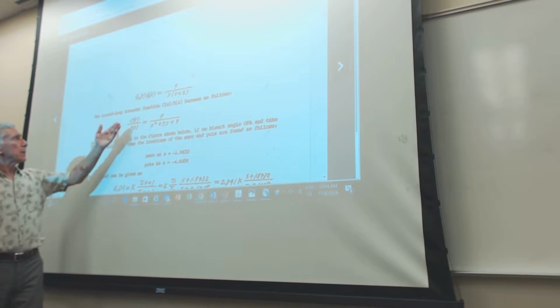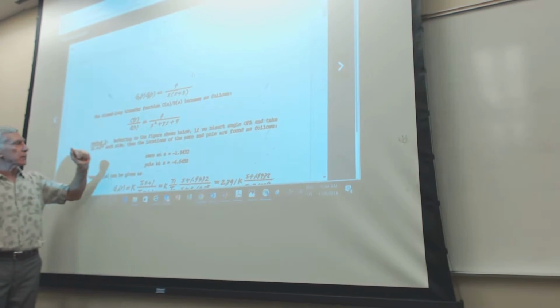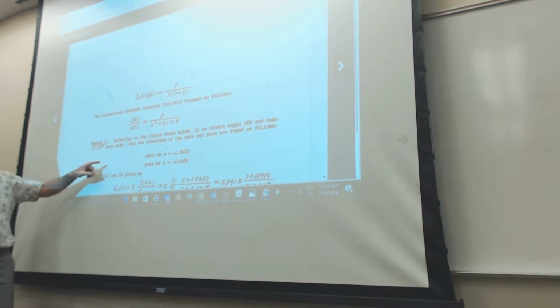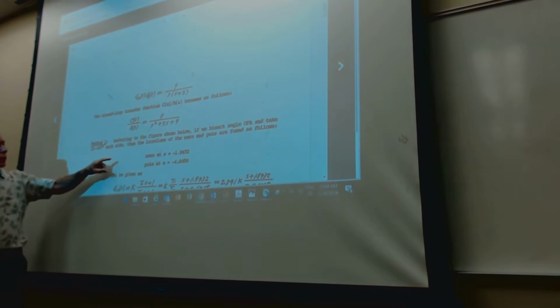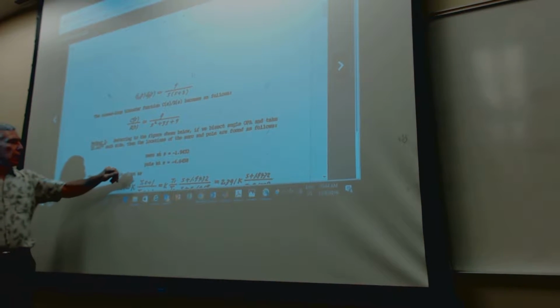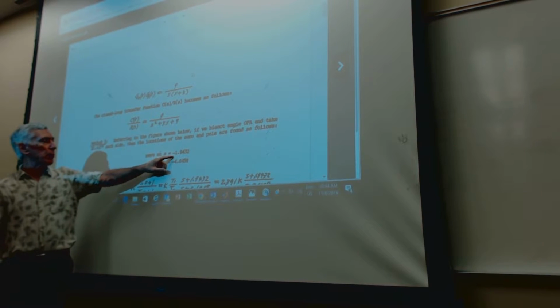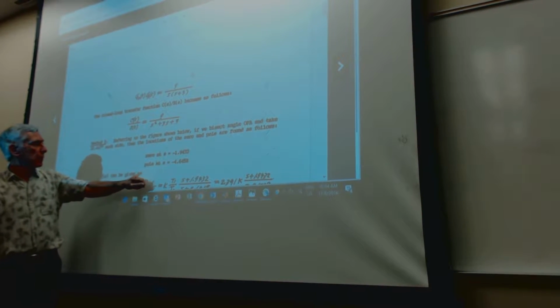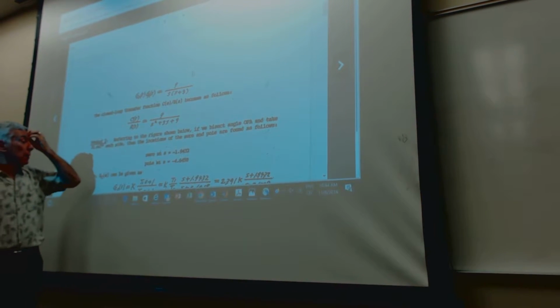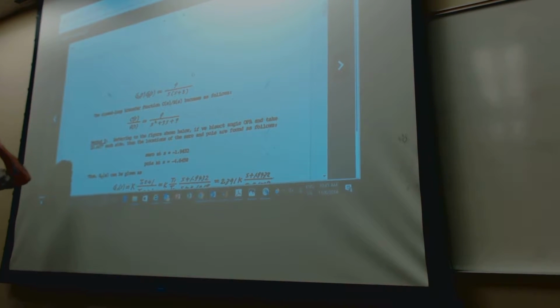So this would be the closed loop transfer function. But what we want is a closed loop pole at this location here.